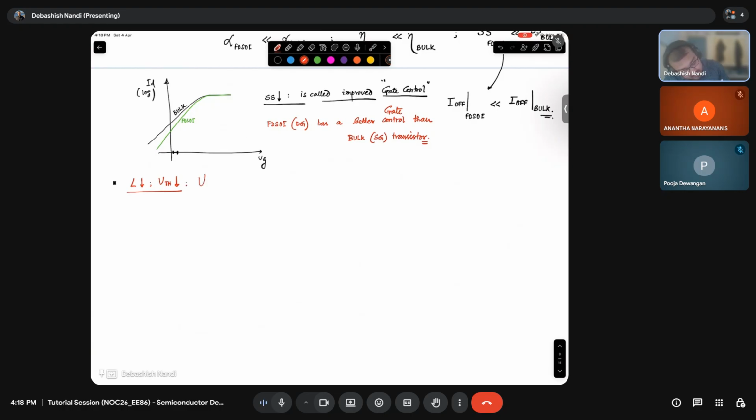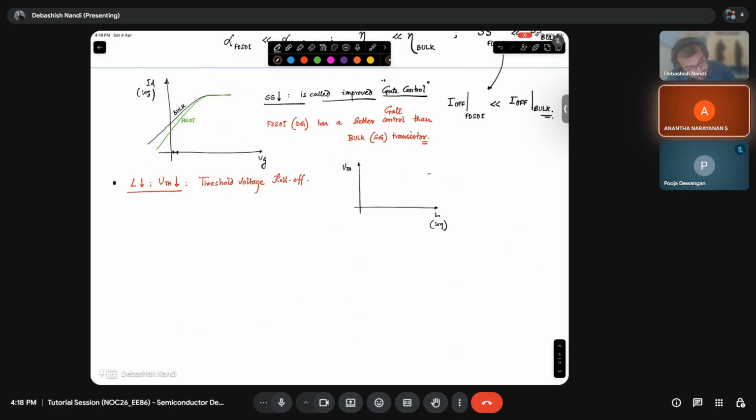This thing is called threshold voltage roll off. Have you heard of this? Yes, sir. What is this? So as channel length decreases, VTH decreases. Why does this happen? What phenomena is responsible for this?